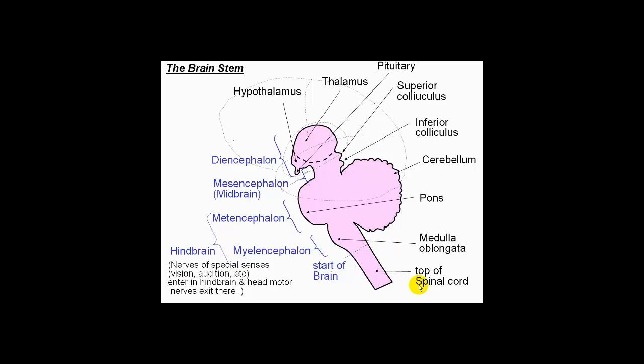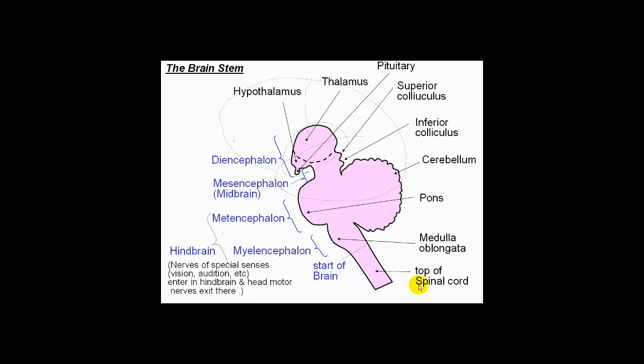The bottom part of it, going from the back, is called the myelencephalon, and the part here that has the cerebellum and the pons is called the metencephalon. Okay? Then we go up to this division, the part that's marked by the superior and inferior colliculus, and that's called the mesencephalon or midbrain. And then we go up to the remaining part, and that's all called the diencephalon.